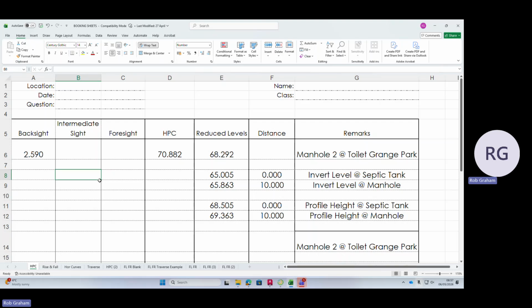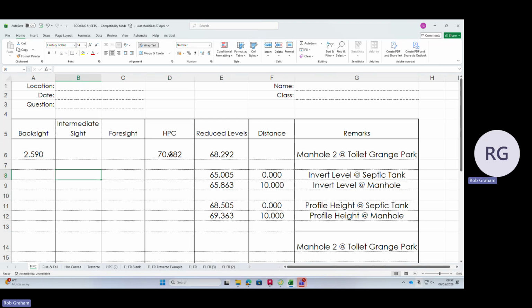So what you're going to do is use your reduced level, your backsight, and your HPC from the original booking sheet, which, am I right in saying, was the 25th of February we did that survey? 4th of, what date did we do that? 4th of February.